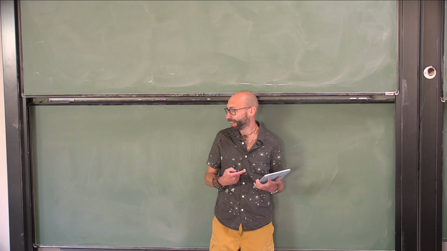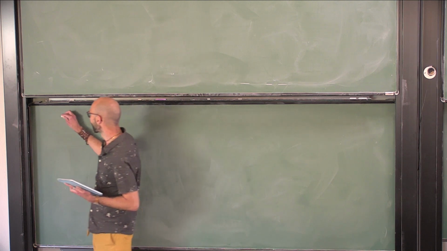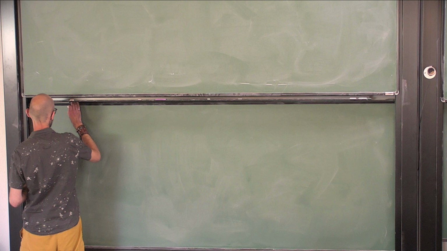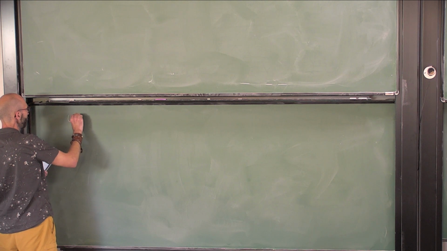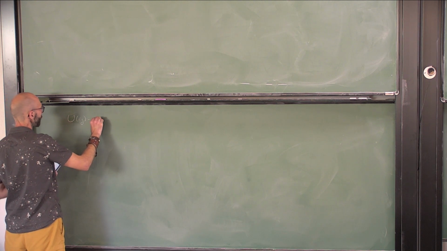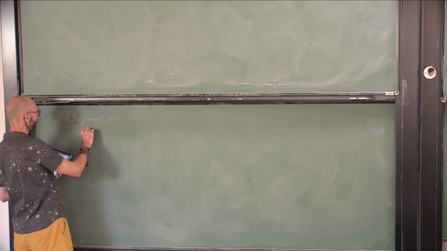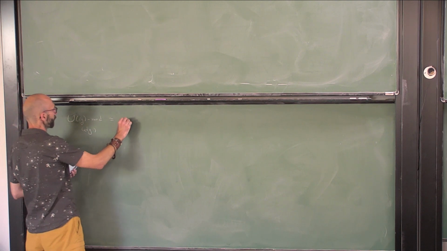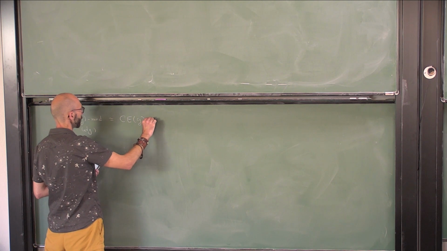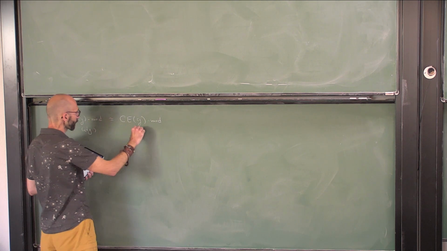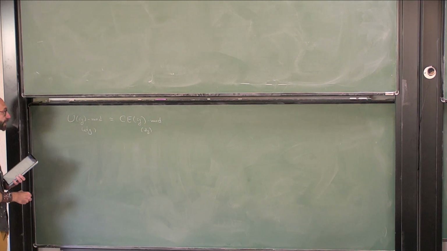I think the example that I gave you last time was modules over a DG algebra, for Chevalley-Eilenberg, where the equivalence is of DG categories.